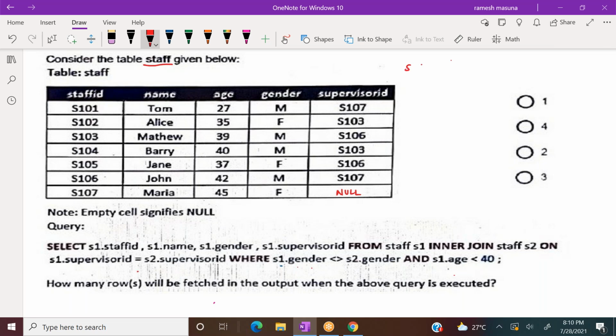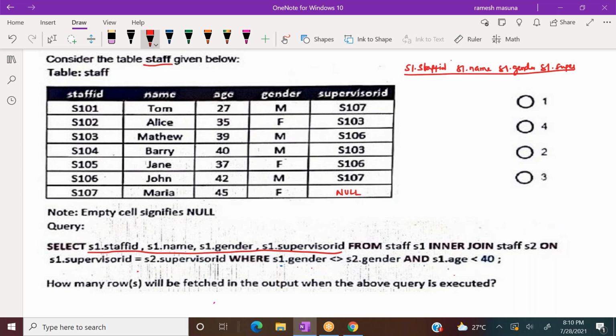S1.staffID and S1.name, S1.gender, S1.supervisorID. These are the attributes we want in the output. These are the tuples we want in the output.